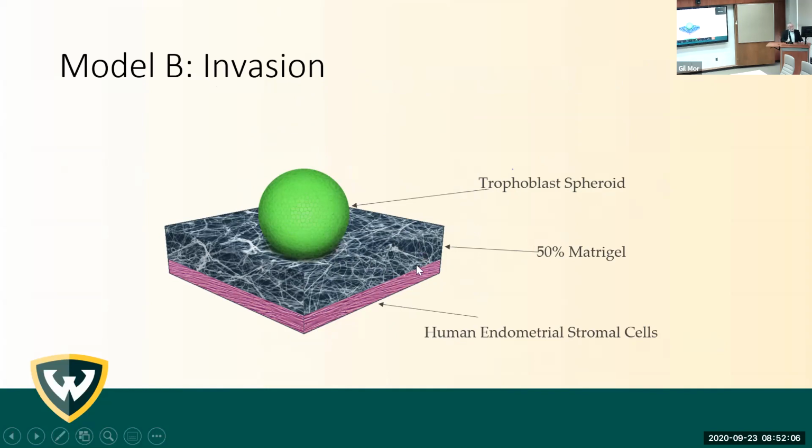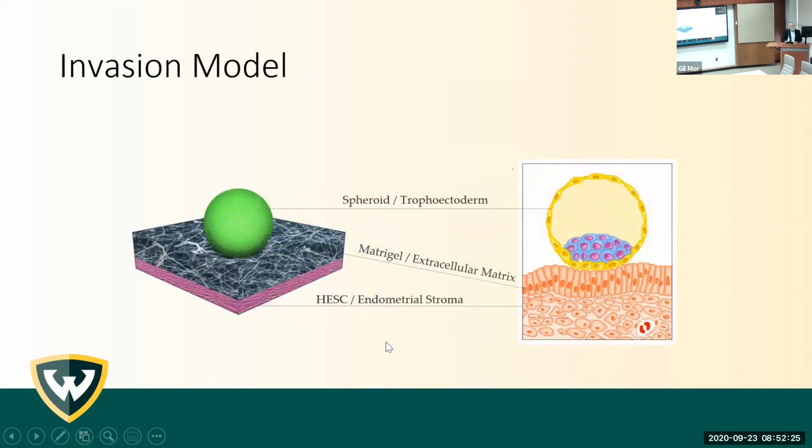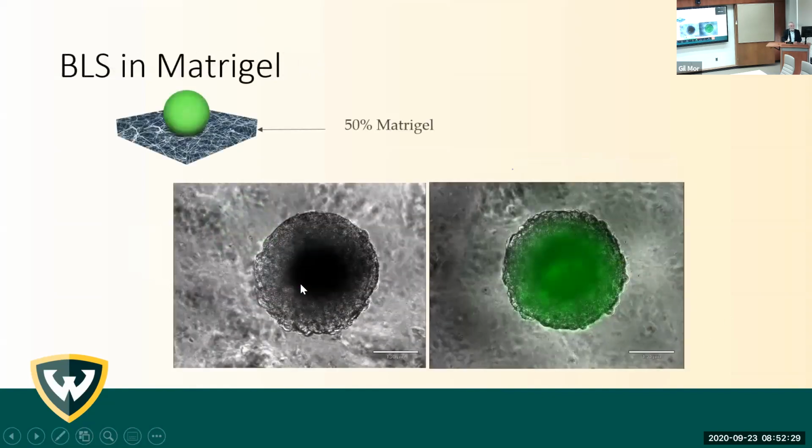The idea is that you have stroma cells, you have this layer of extracellular matrix, and if the trophoblast really is getting the right signals, after migration it should penetrate the extracellular matrix in order to embed within the uterus. And again, it's very similar to the components of the human endometrium.